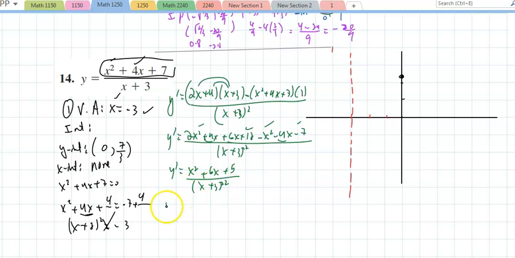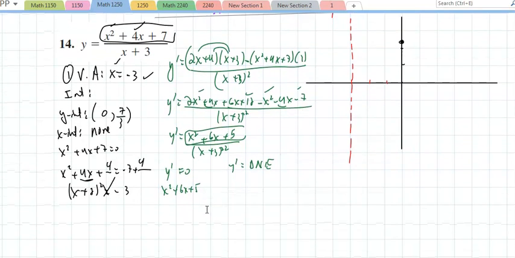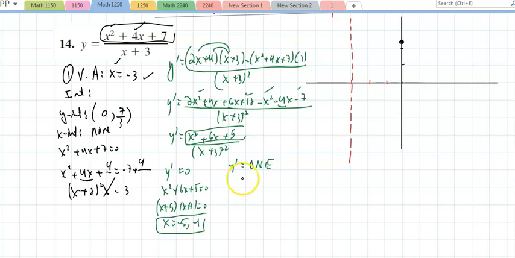And my first derivative test, I noticed that equals 0 when x plus 5 times x plus 1 equals 0, that means x would be a -5 or a -1. And where does a derivative not exist? When x plus 3 squared equals 0, that would be when x equal a -3.